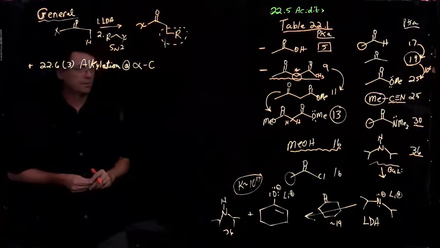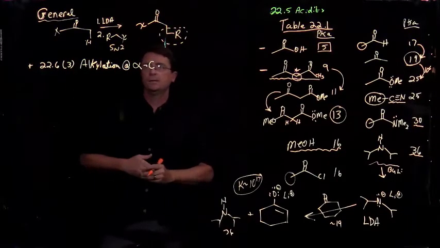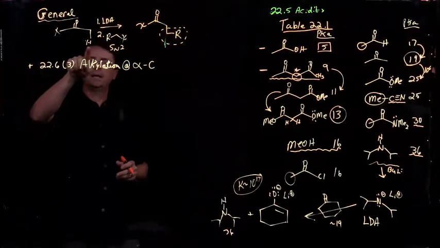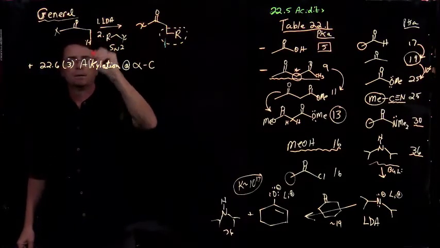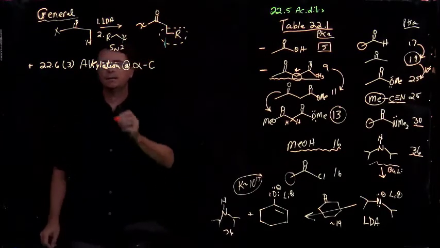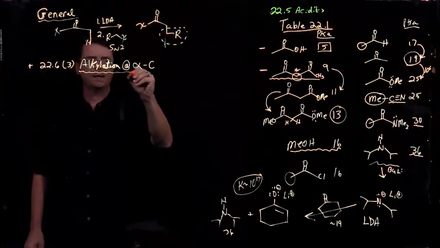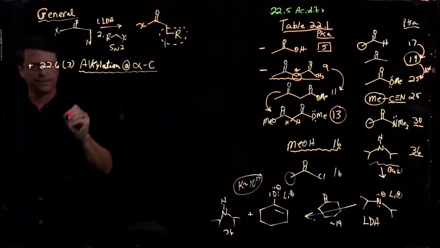So that's a general reaction to illustrate using LDA to kinetically and essentially irreversibly form the enolate. Then we can alkylate the enolate by direct alkylation at the alpha carbon.